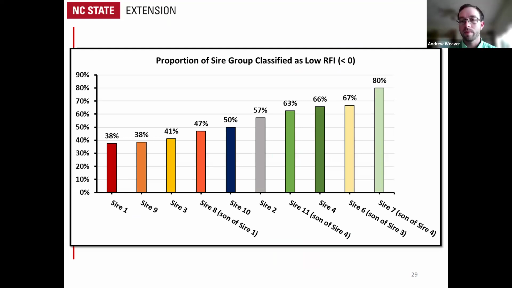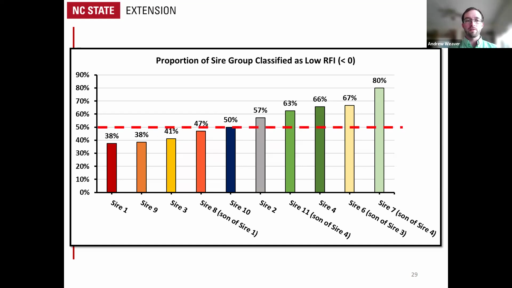Or were they greater than 0? Were they positive for RFI and less efficient? And so this graph simply shows the proportion of a sire's progeny that classify as low RFI. So what percentage of the lambs that they have produced thus far for us end up in that negative RFI category, in that negative RFI ranking.